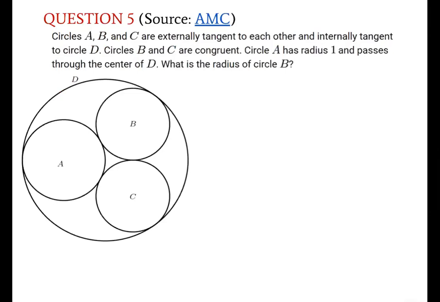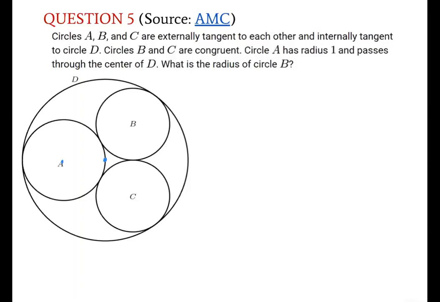Okay, here is the circle problem. So this is a fun problem. First of all, circle A passes through the center of circle D. Let's just say this is the center.